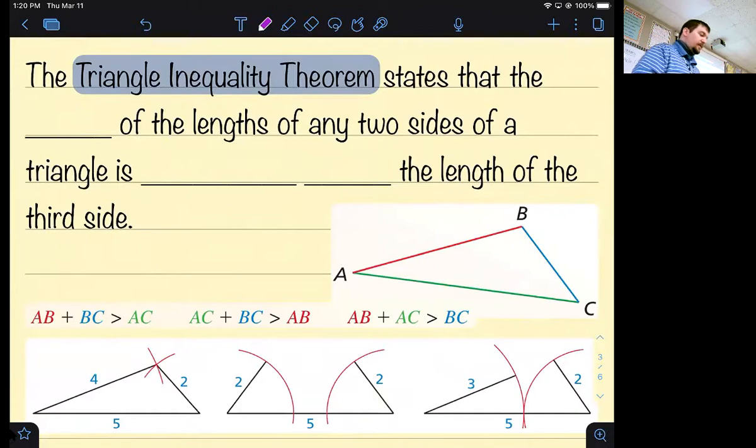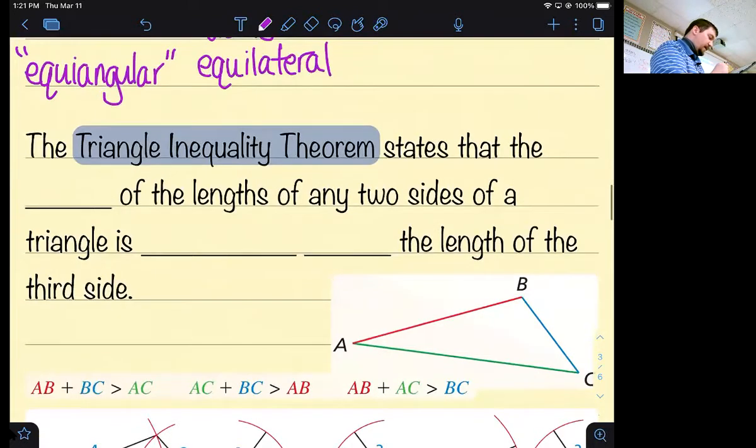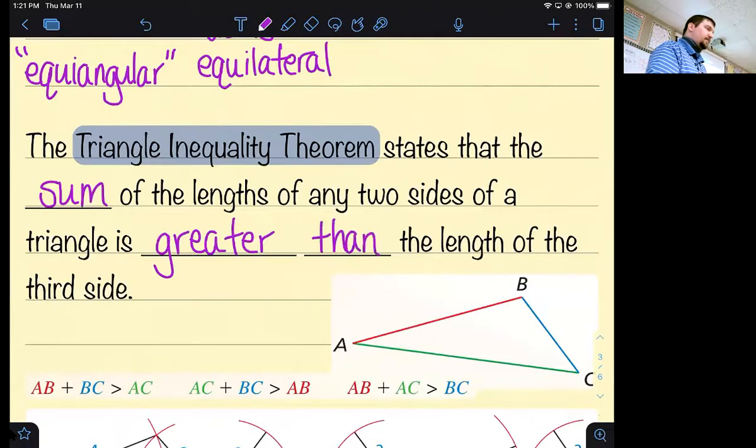And so we talked about the triangle inequality theorem, not to be confused with the triangle sum theorem, which says there's always 180 degrees when you add the 3 interior angles. But the triangle inequality theorem states that the sum of the lengths of any 2 sides of a triangle has to be greater than, there's your inequality symbol, greater than the length of the 3rd side.